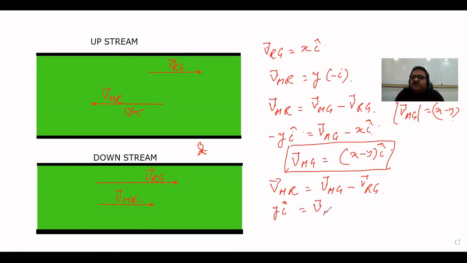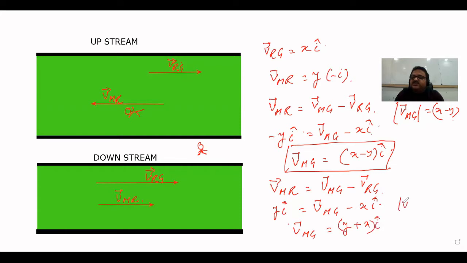We need to find out that. Clear? And what is the velocity of the river with respect to the ground? Velocity of the river with respect to the ground is, say, for example, x i cap. So in this case, velocity of the man with respect to the ground would be y plus x i cap.